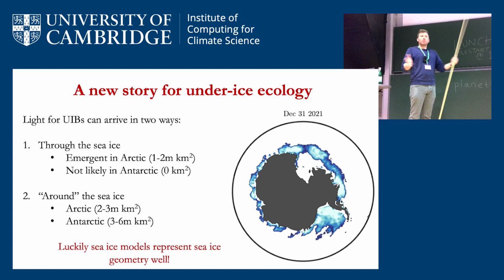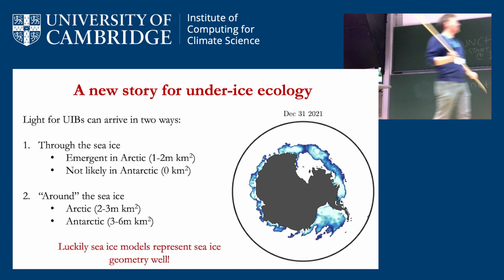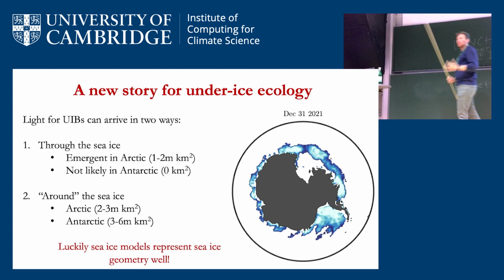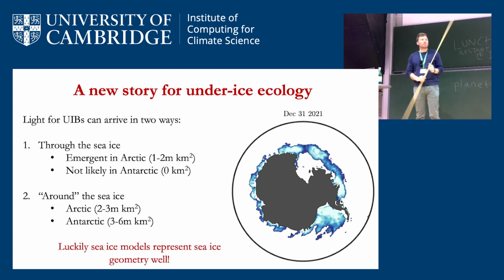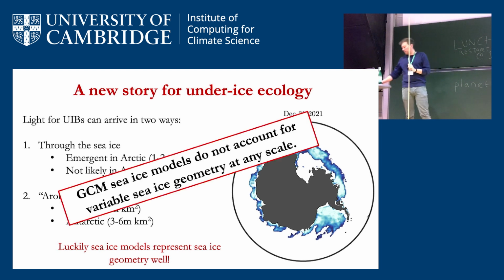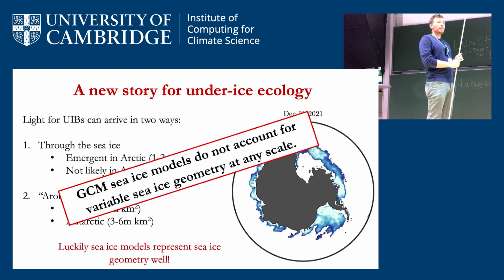So, to explain why I'm here, and why I'm here as a leader of this work package in SASIP, is that, as you can imagine, the sea ice models we use in climate models do not represent this behavior very well. They don't represent the geometric properties of sea ice, these small openings, or the floe behavior at any scale.